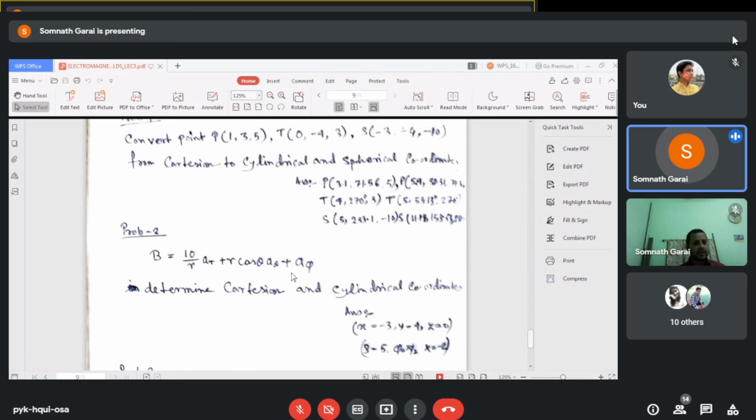Then put the values in the interrelation formula of spherical and Cartesian coordinate, spherical to Cartesian formula. You have to apply the spherical to Cartesian formula.